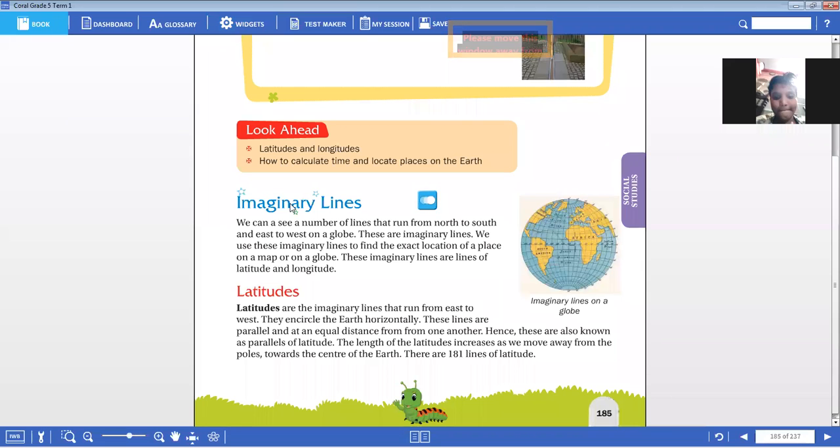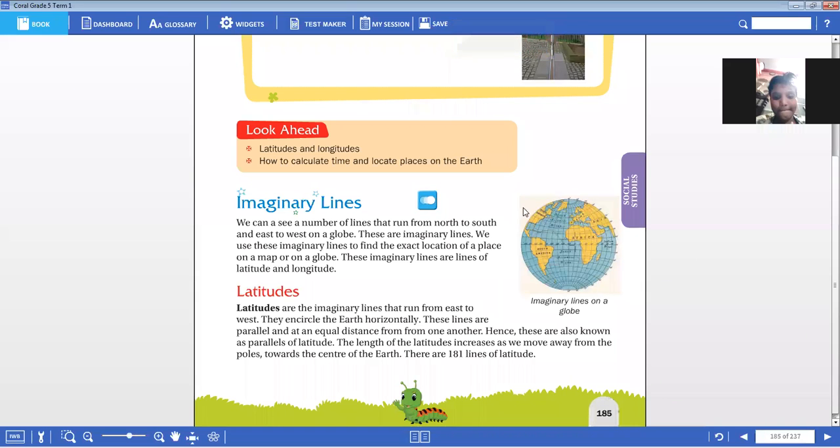The length of the latitudes increases as we move away from the poles. See, children, the distance between latitudes won't increase, but coming to the length, the distance means one line to another line. The distance between two lines is always equal, so we call it parallel.